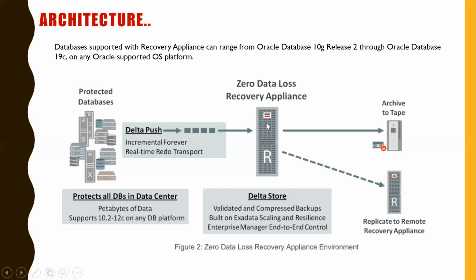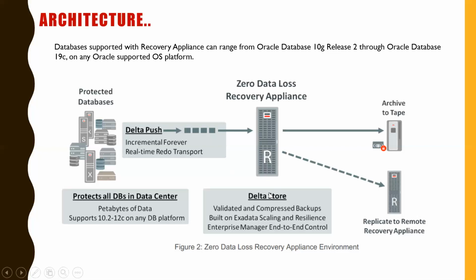And from the ZDLRA, once it receives the data from the delta push, it will store that data on the ASM disk groups. As I showed you previously, it uses two ASM disk groups, Delta and Catalog.